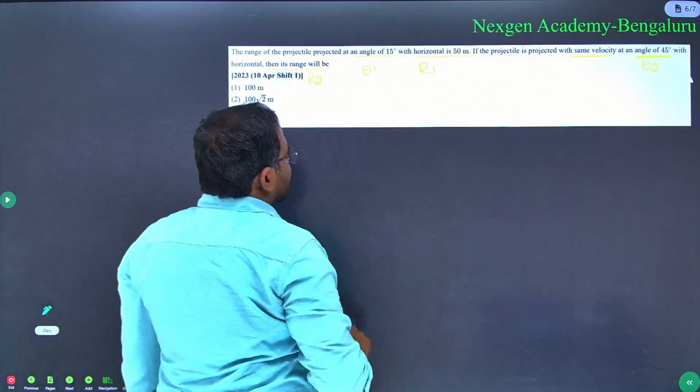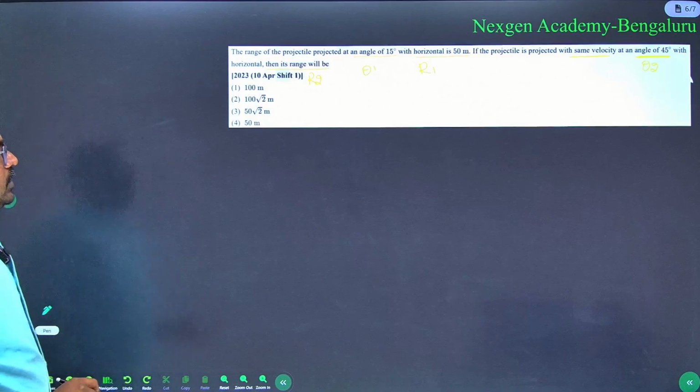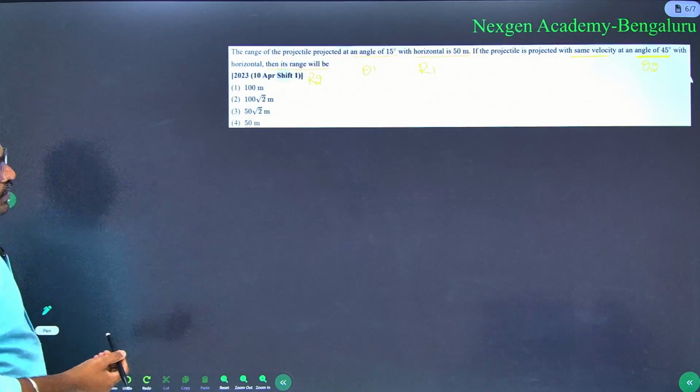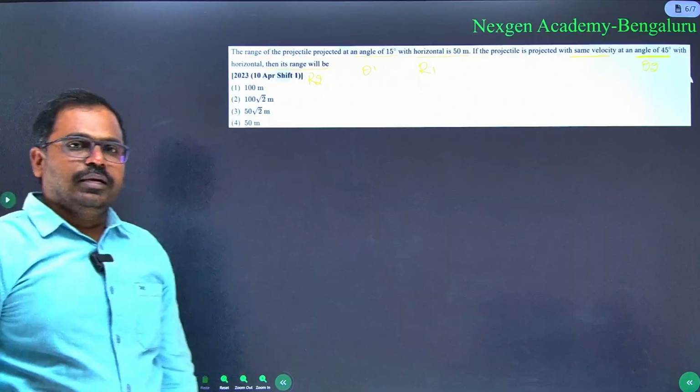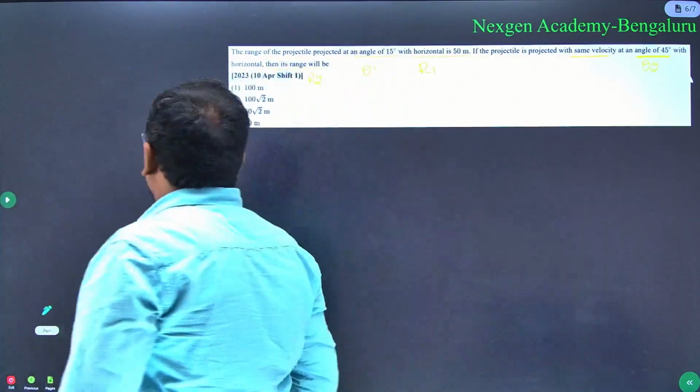So you have to understand one thing here. Theta 1 is equal to 15 degrees, theta 2 is equal to 45. Are these two complementary angles or not? First we have to verify, because projection velocity is the same.